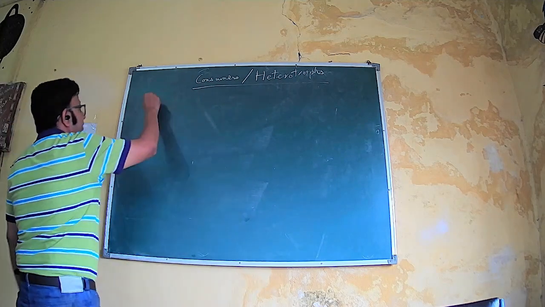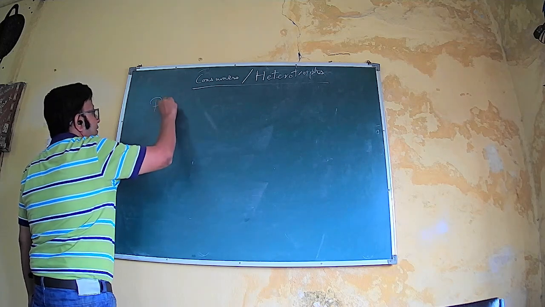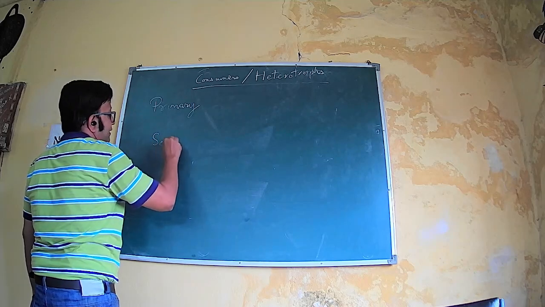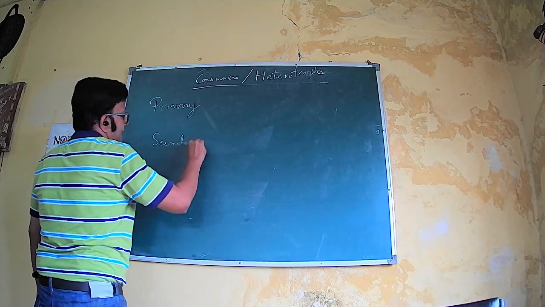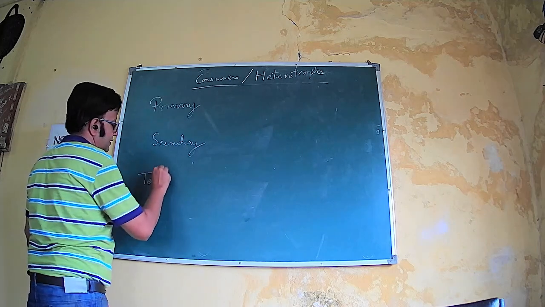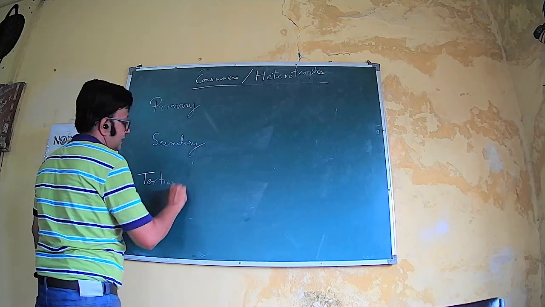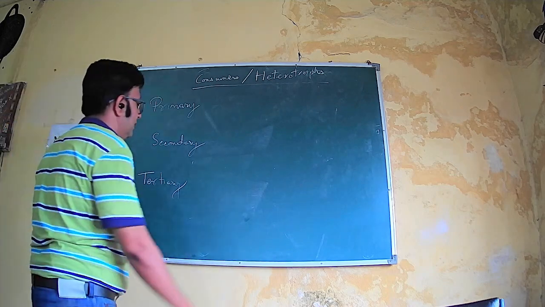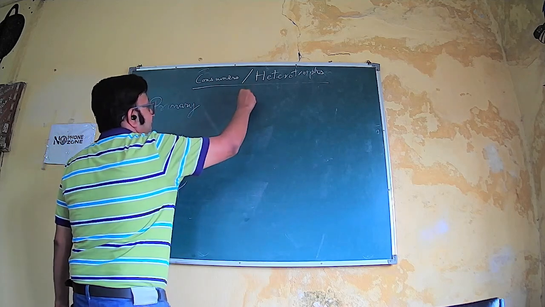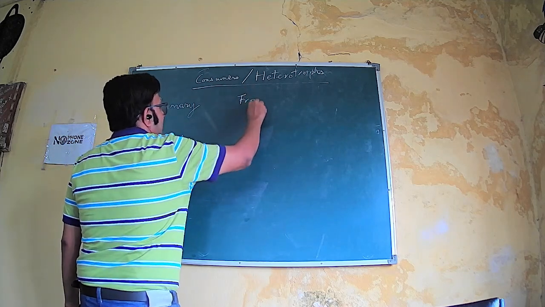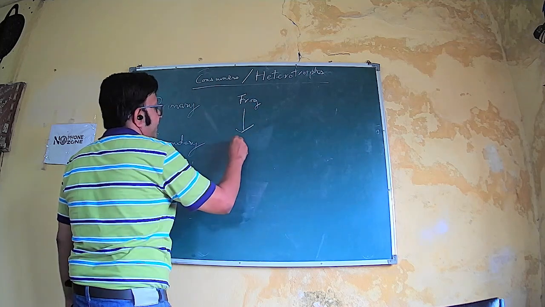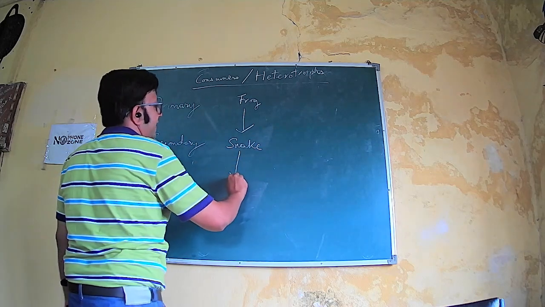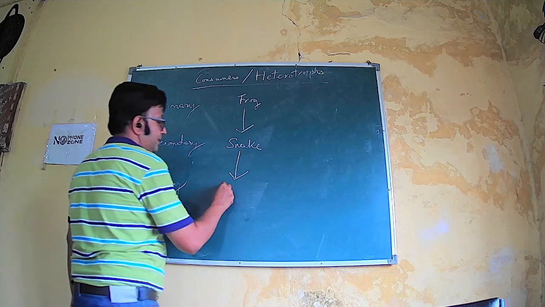They can be divided into primary, secondary, and tertiary. Say primary may be a frog. Frog can be eaten by snake. Snake can be eaten by, say, eagle.